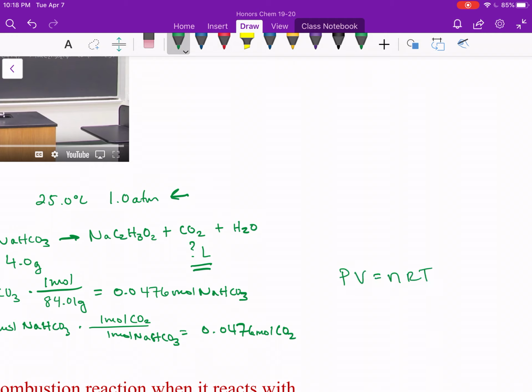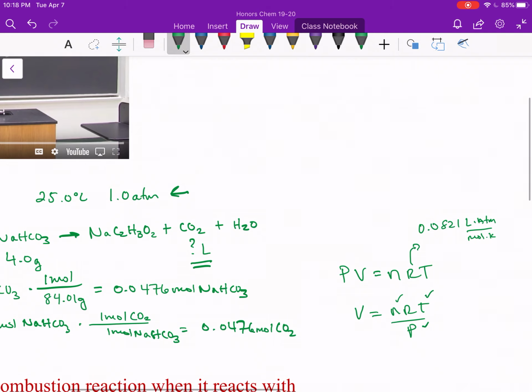In this case, we want the volume, so I'm going to rearrange it to be V equals nRT over P. And lo and behold, we already have this. We have our temperature, we have our pressure, and hopefully you remember that R is 0.0821 liters atmospheres per mole Kelvin.